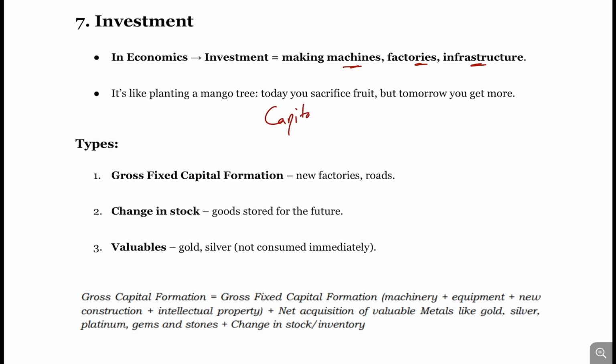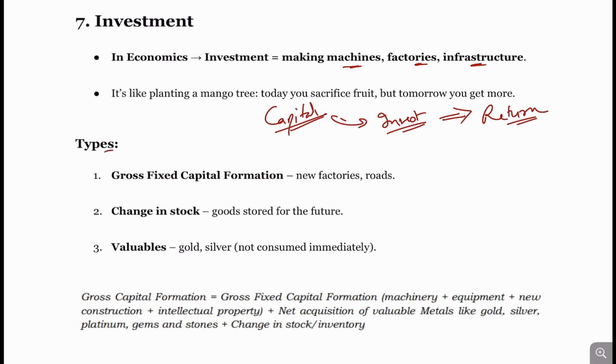Some of the capital of the government is used in order to invest in the economy. This investment today gives a return tomorrow, increases the tax base of the government tomorrow, and increases the earning of the government or the individual tomorrow. So this is what investment is.